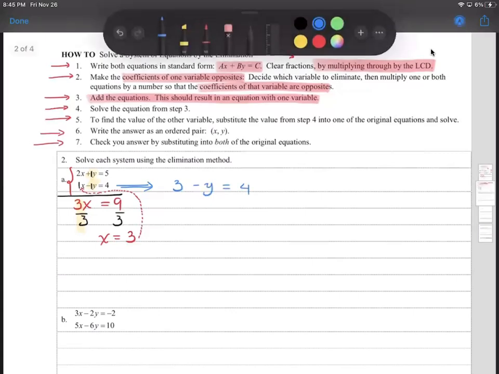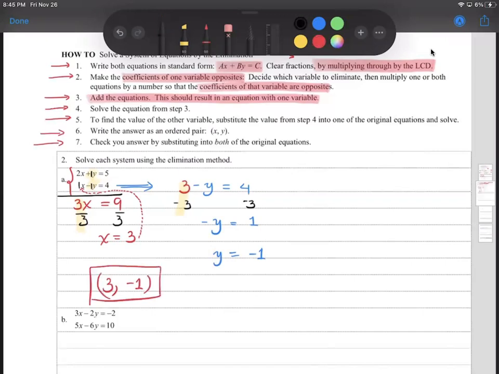Let me make the 3 in red. That's my x. Subtract 3. I'm trying to solve for y here. That's gone. Now negative y equals 4 minus 3, which is 1. Divide both sides by -1, or multiply both sides by -1. I have y equals -1. So the answer is (3, -1).